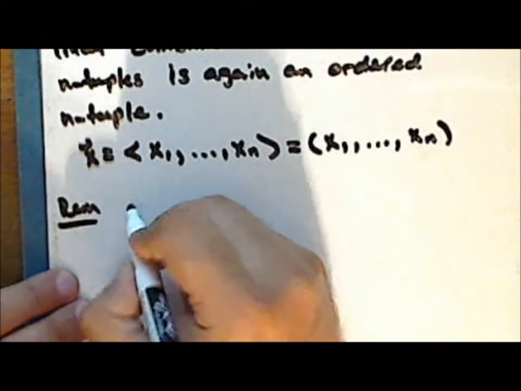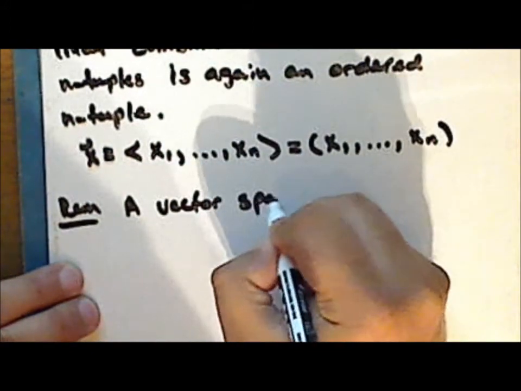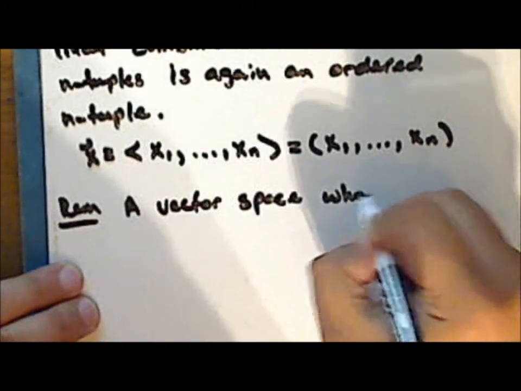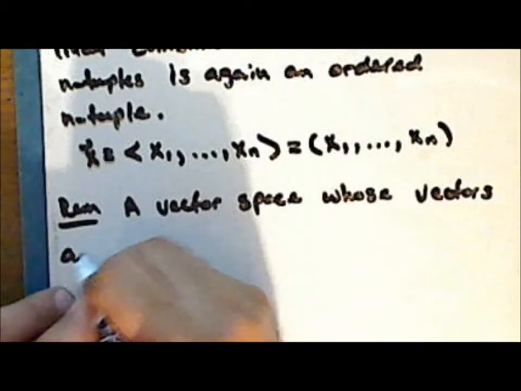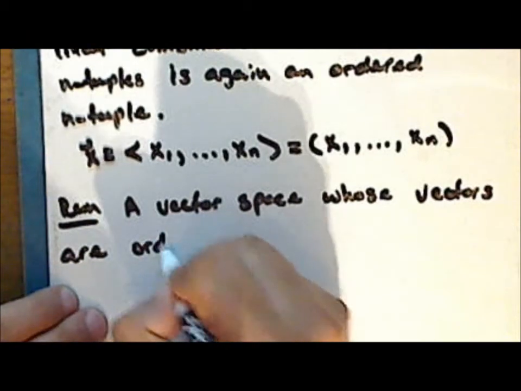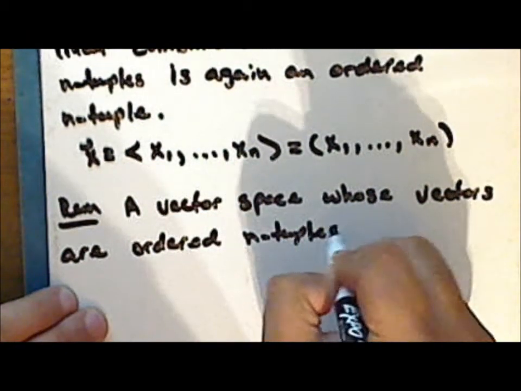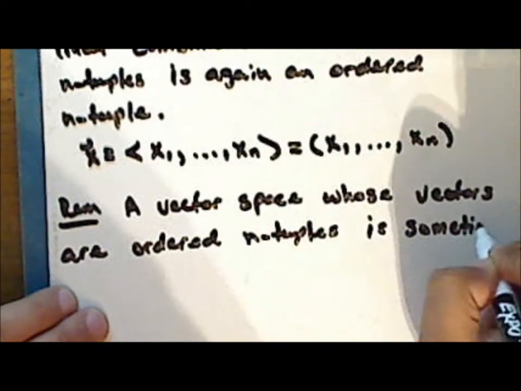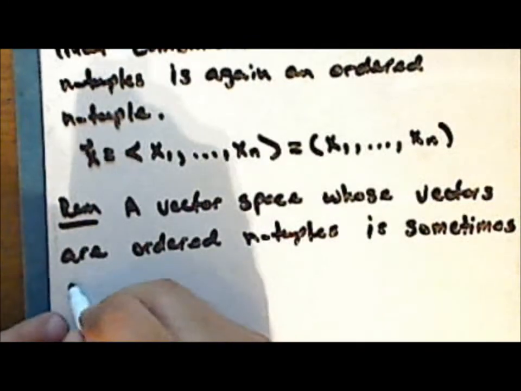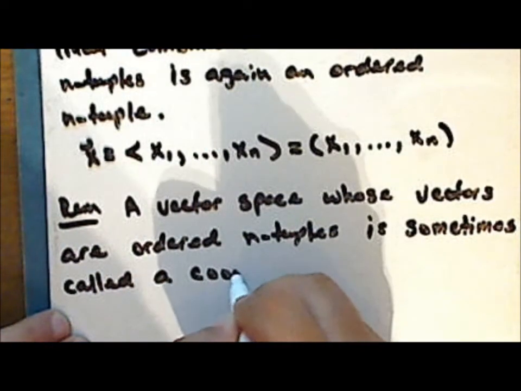Now, a vector space whose vectors are ordered n-tuples is sometimes called a coordinate space.